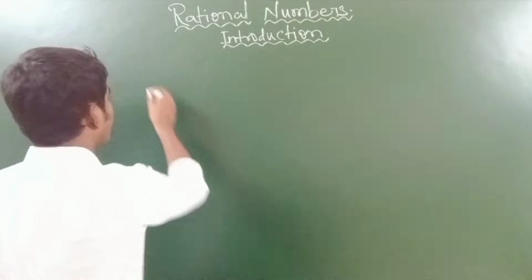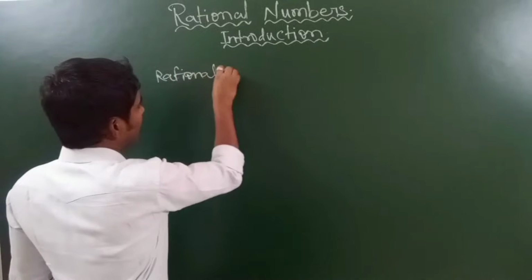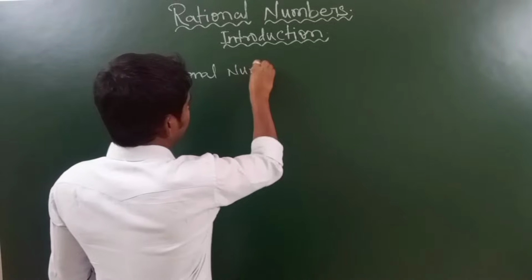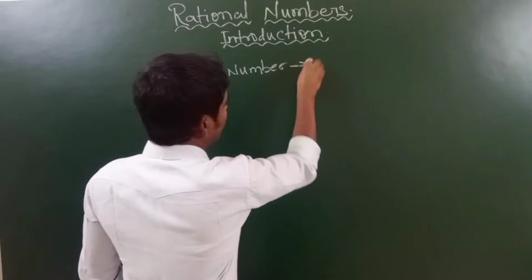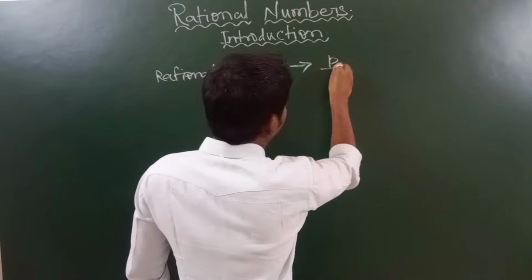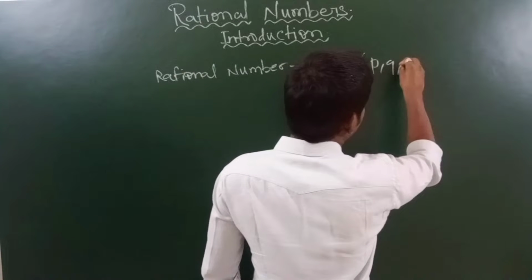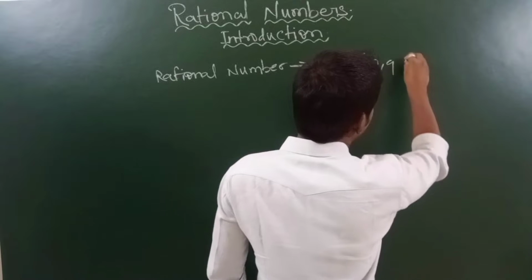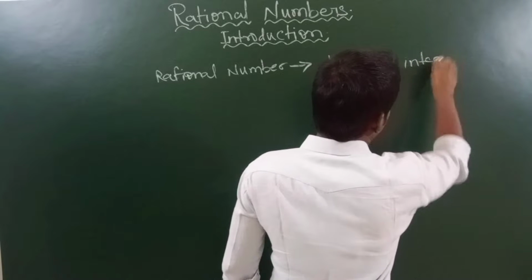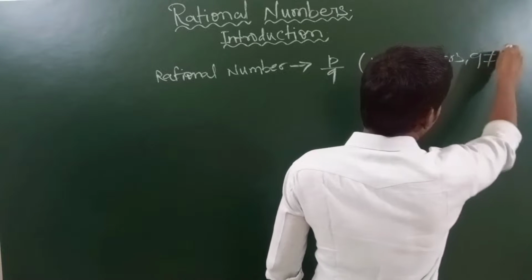Rational numbers, what are rational numbers, students? They are always in the form of P by Q, where P and Q are integers, and Q must not be equal to 0.